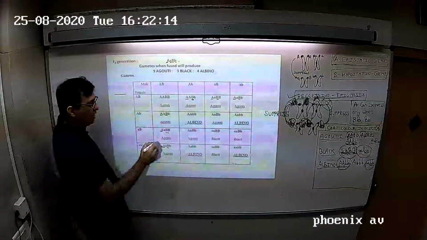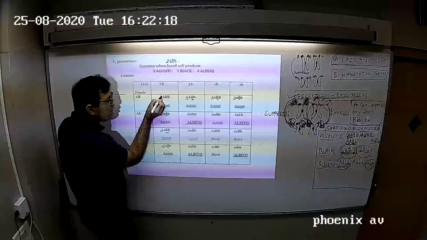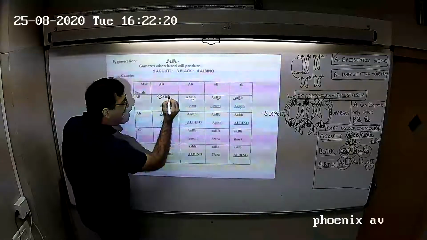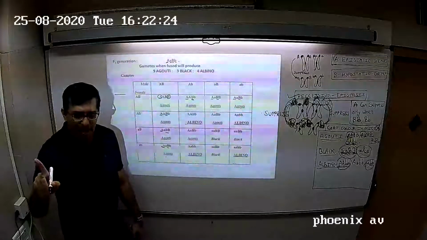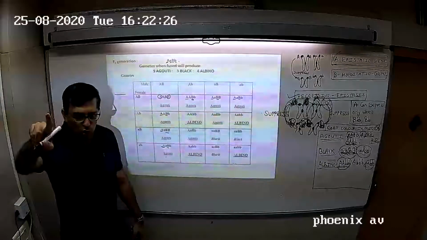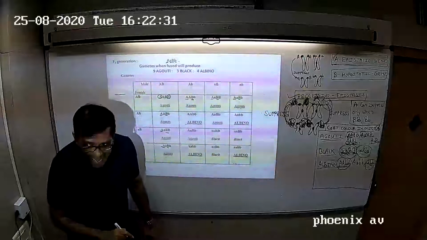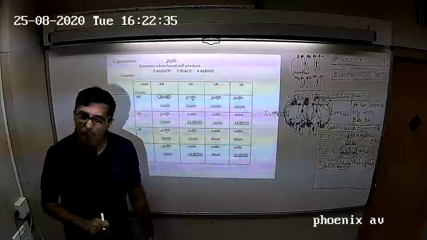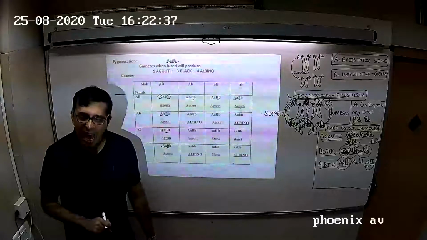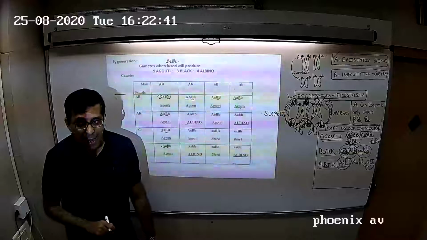How many agoutis? What was necessary for agouti? At least one capital A and at least one capital B. At least one capital A to produce agouti color, and at least one capital B to prevent recessive epistasis. And what will that color become because of capital A? Agouti.